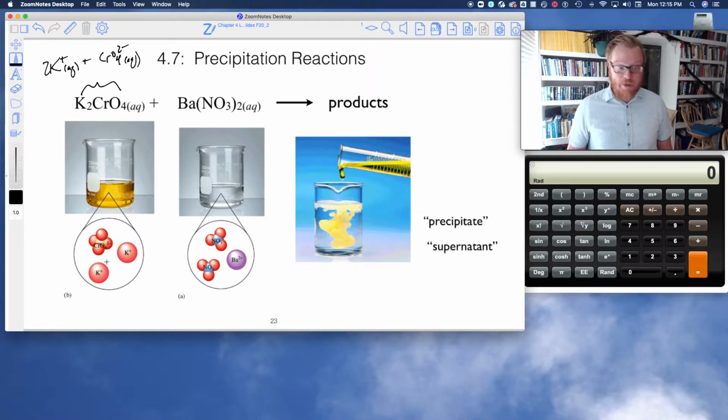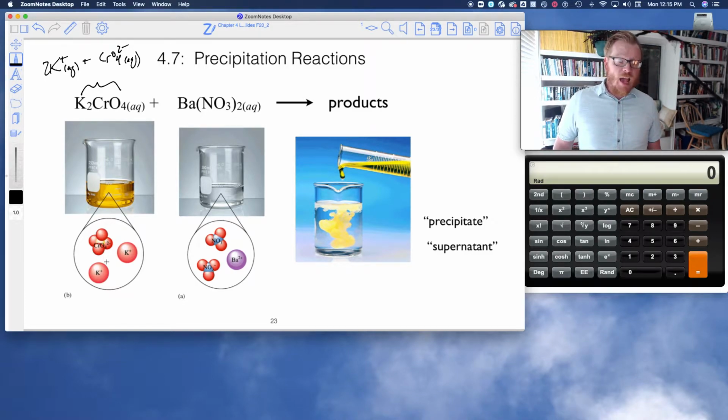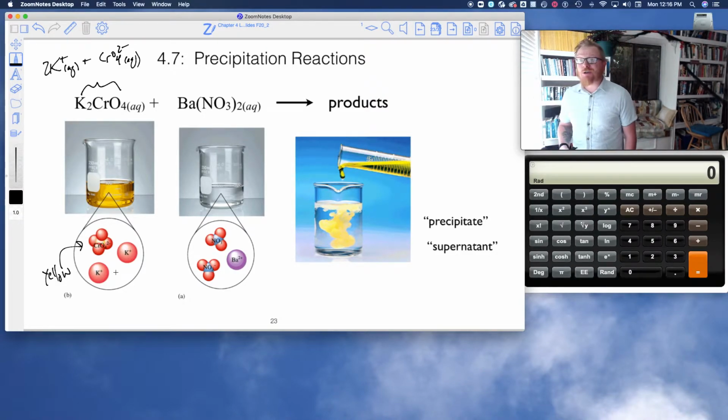You can see that in the picture, two potassiums for each chromate. And as it turns out, the chromate ion is kind of a yellow color in solution. So we want to start using our powers of observation in chemistry, particularly in precipitation reactions.